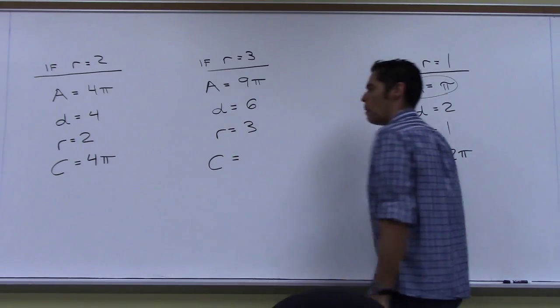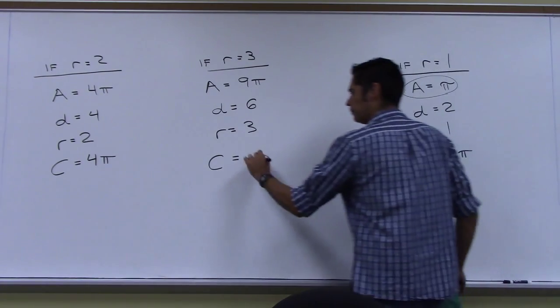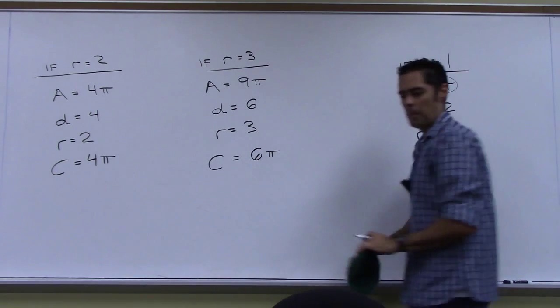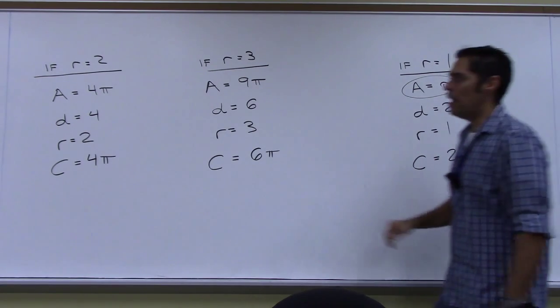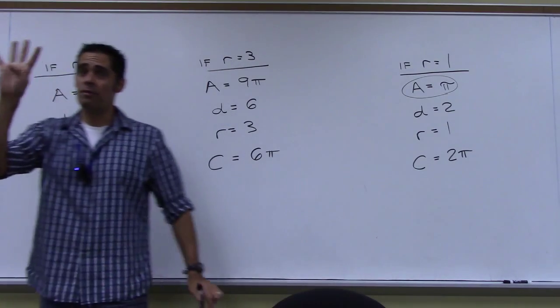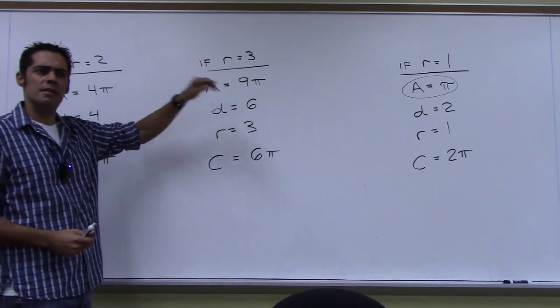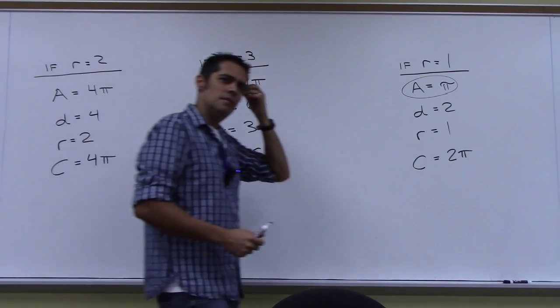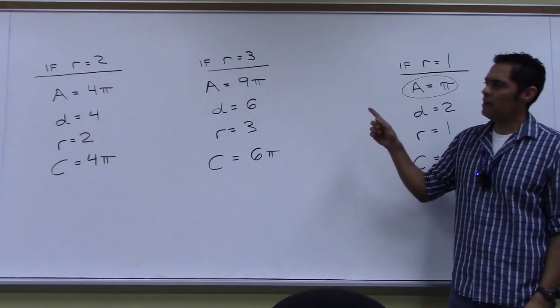Circumference would be 6 pi. Let's focus just on area. At 1, we had pi. At 2, it went up by a factor of 4, up to 4 pi. And when I jumped up one more increment, did it go up by 4 pi again? It didn't.